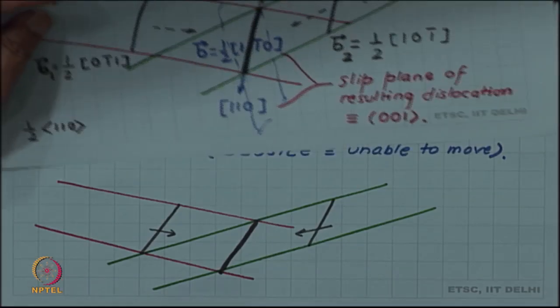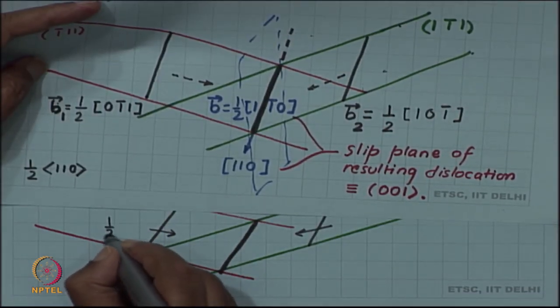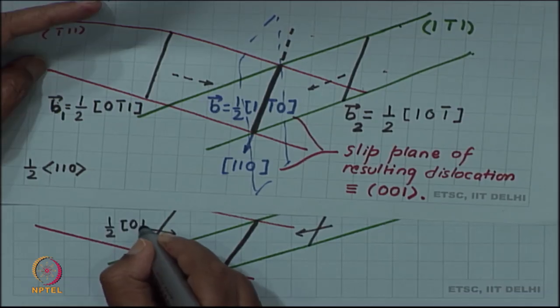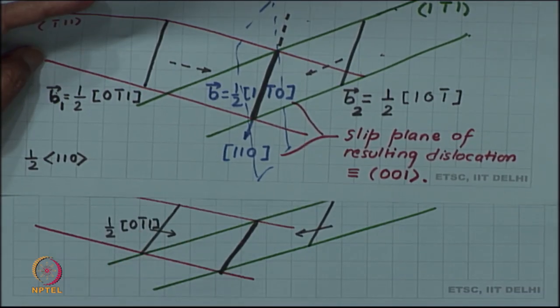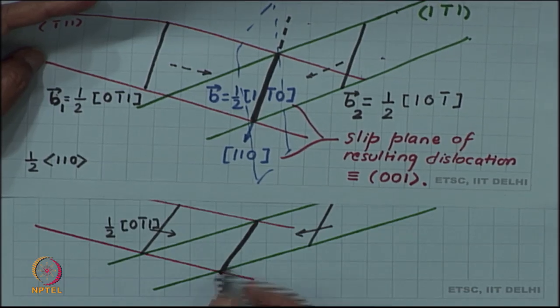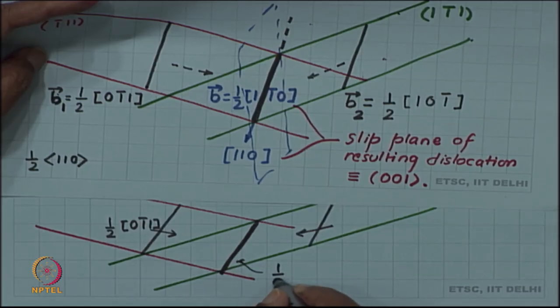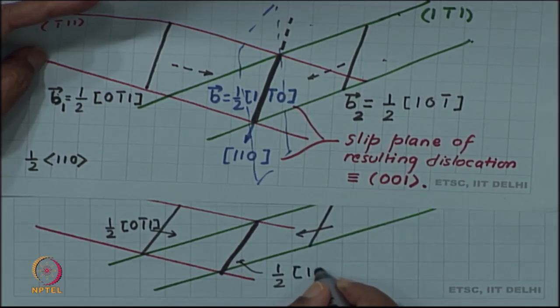Because let us consider the next dislocation, again like we had considered here, of half 0 bar 1 1. So, another dislocation with the same Burgers vector, now let us say suppose this is moving in this direction, but this dislocation has a Burgers vector half 1 bar 1 0.